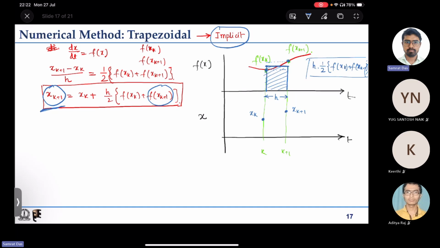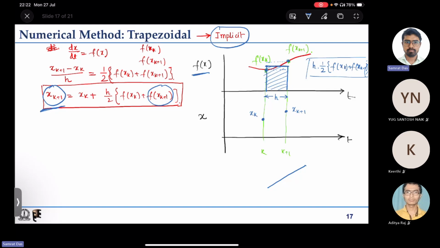And actually, this trapezoidal method of integration is exact if our f(x) is a linearly varying thing. If it varies linearly, then it is exact.